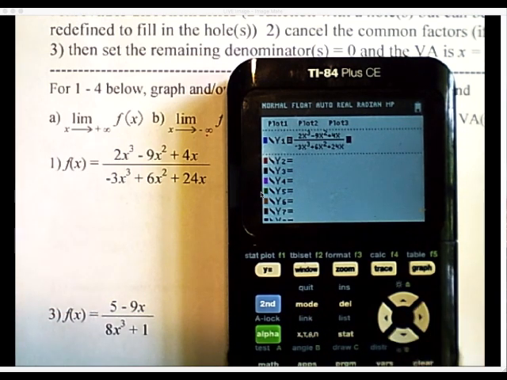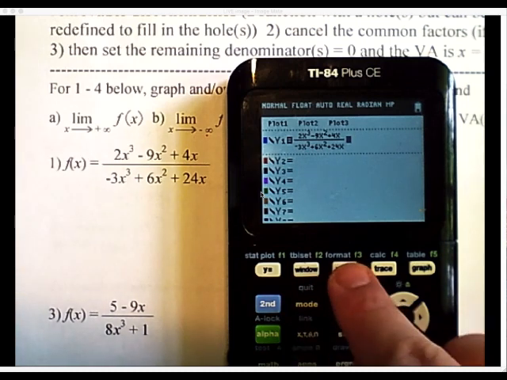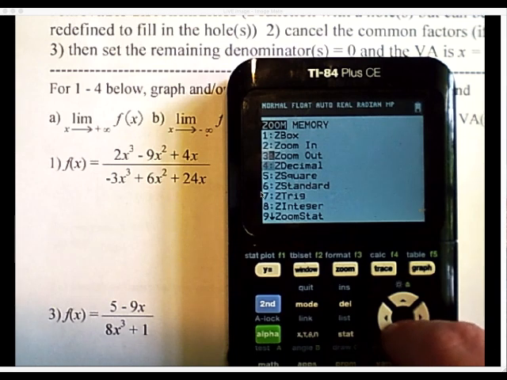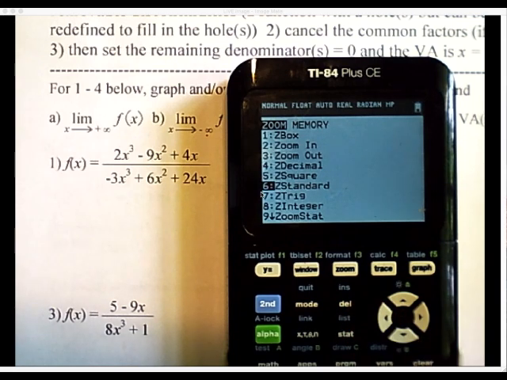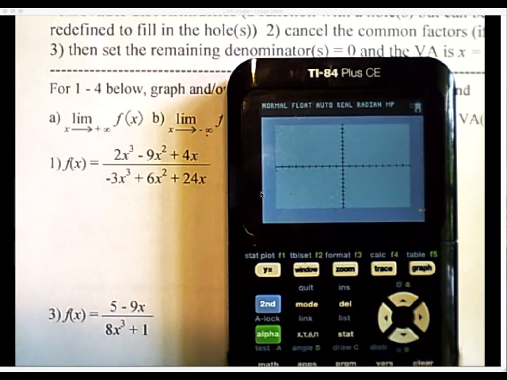Since I don't know what this graph is going to look like, to start with I'm just going to go with a standard 10 by 10 window, so zoom number 6, or zoom standard.